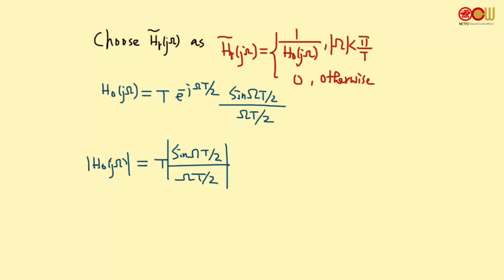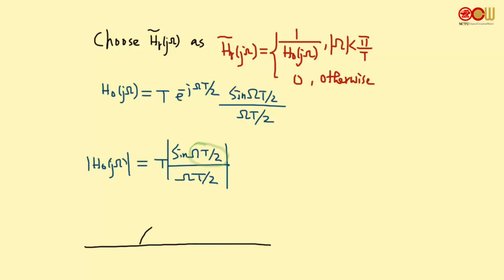And what kind of function is this? If we look at the numerator, it will have a zero crossing at 2 pi over t. The curve will be like a sinc function, right?